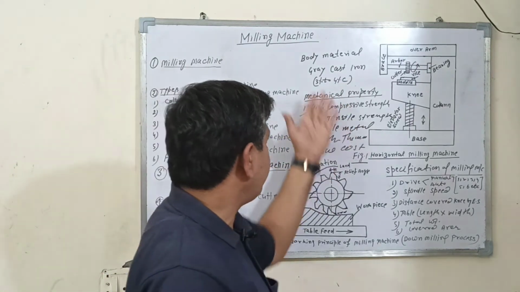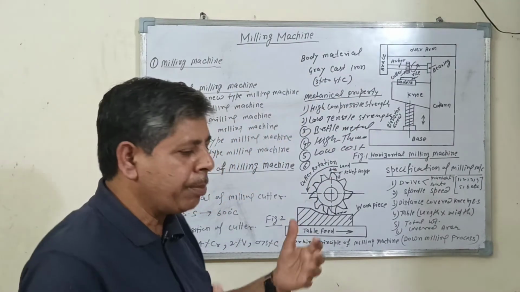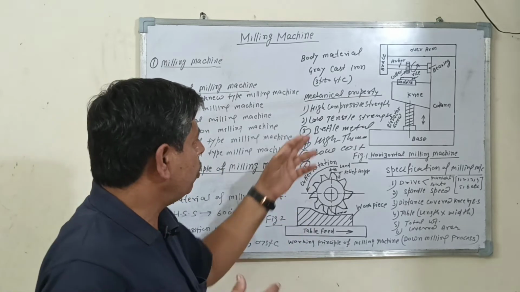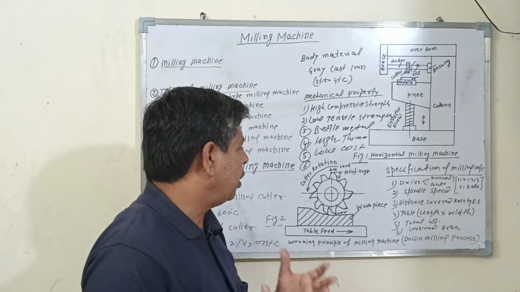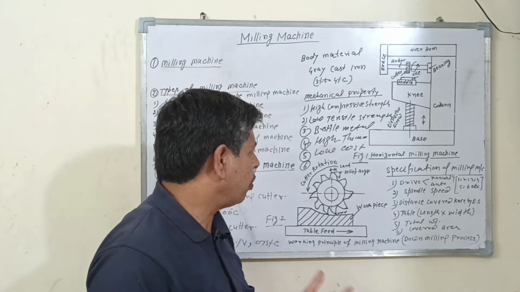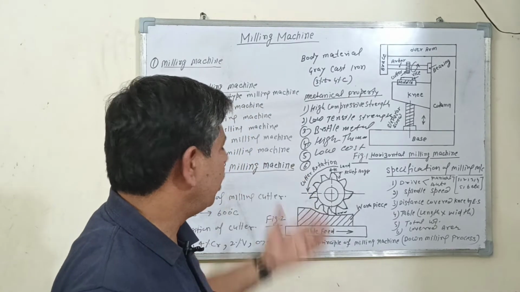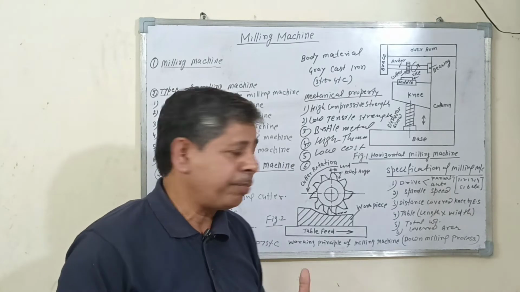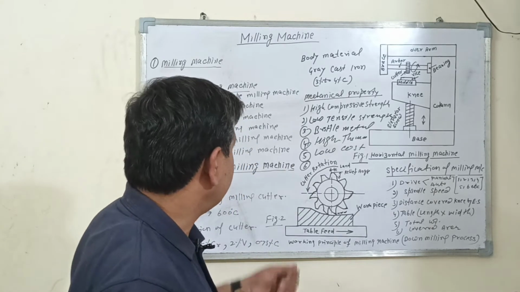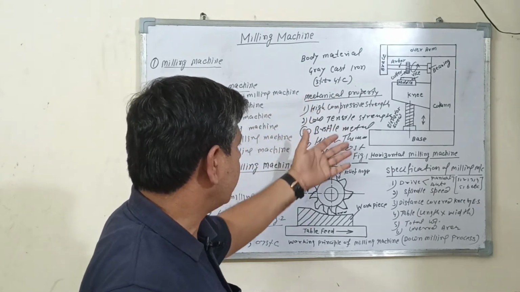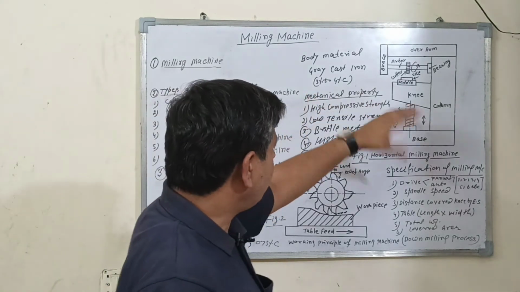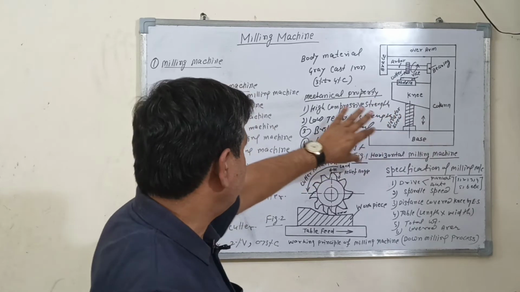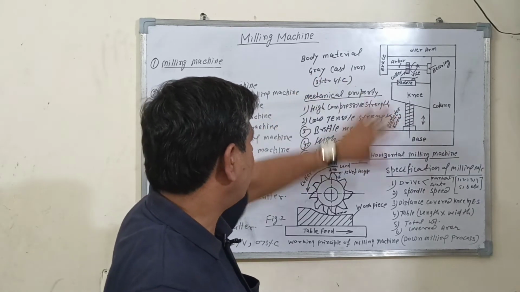The mechanical properties of this material are high compressive strength, low tensile strength, brittle, high thermal conductivity, low cost, and high damping capacity. Due to these mechanical properties, all the machine bodies are made of grey cast iron.